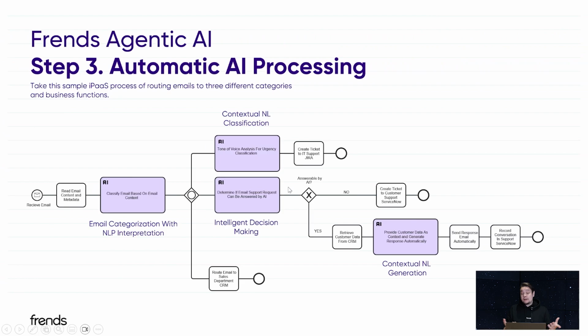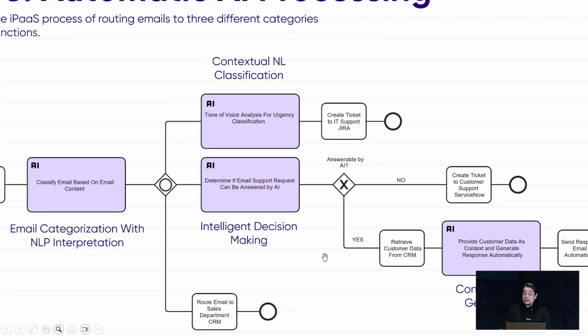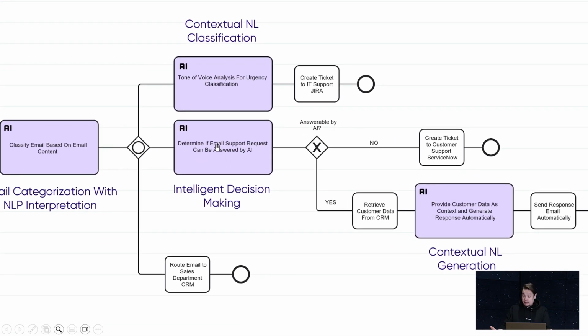And if we go even further along, so we would now have our email categorization, we have the tone of voice analysis, we could actually implement further capabilities into the process as well by, for example, putting in this step for the customer service line where we actually ask the AI, can you solve this particular question for the customer support by yourself if you had access to this and this information?